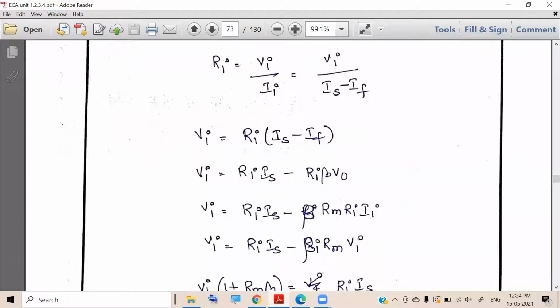Ri as it is, beta as it is, and in place of V naught we are writing Rm into Ii.